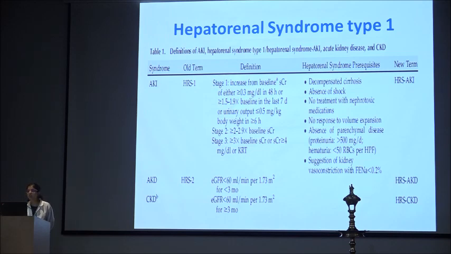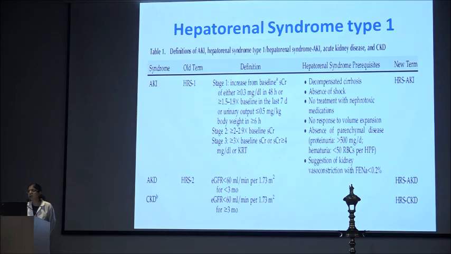Stage 2 is when it is more than or equal to 2 to 2.9 times baseline, and stage 3 is when it is more than 3, or the creatinine is more than 4, or the patient is KRT dependent, that is, needs kidney replacement therapy.